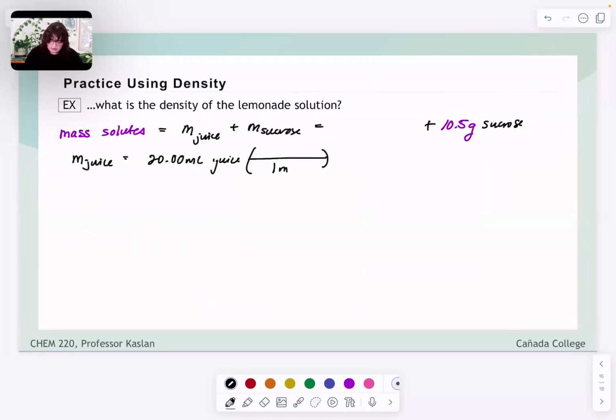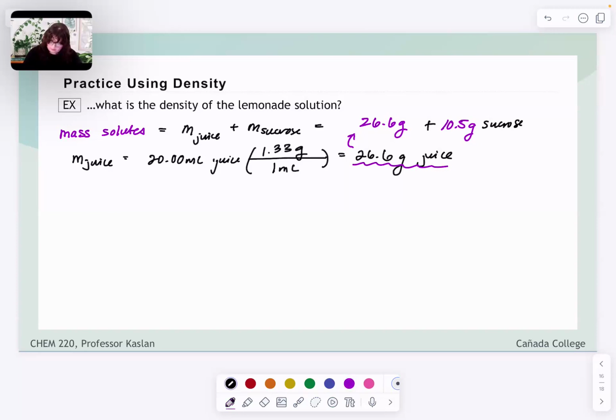So 1 milliliter of juice weighs 1.33 grams. So 1.33 grams per mil times 20 milliliters, keeping our sig figs, 26.6. That's all right. It's an exact number there. Grams of juice. This is going to go up here, 26.6 grams.